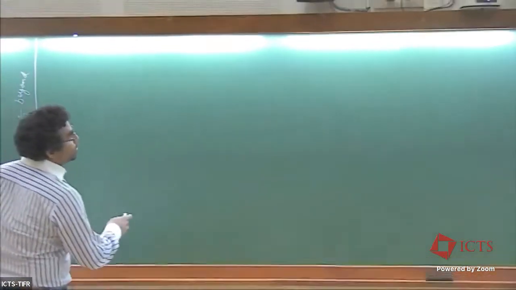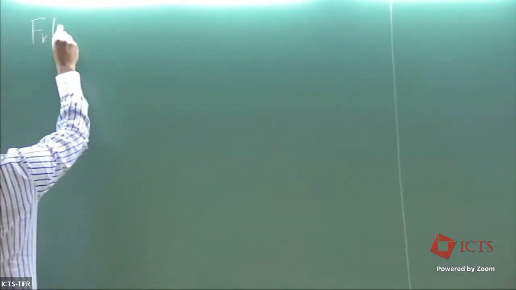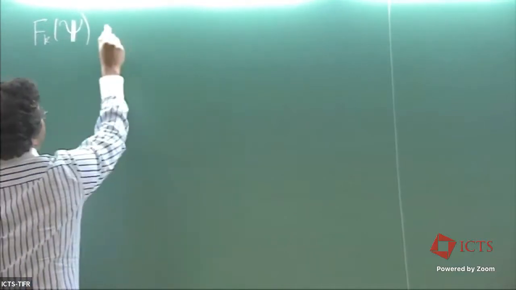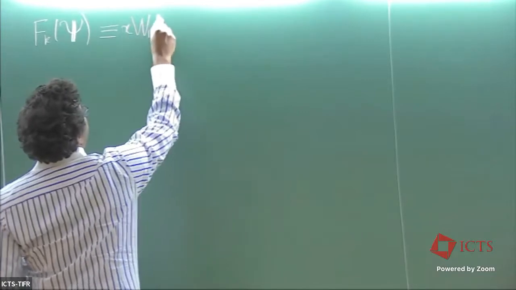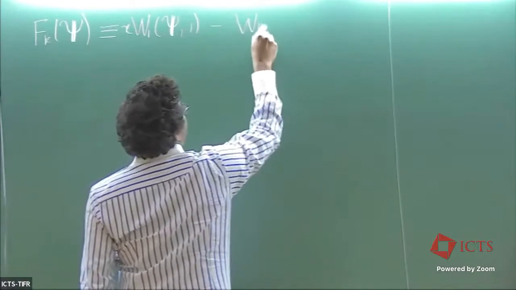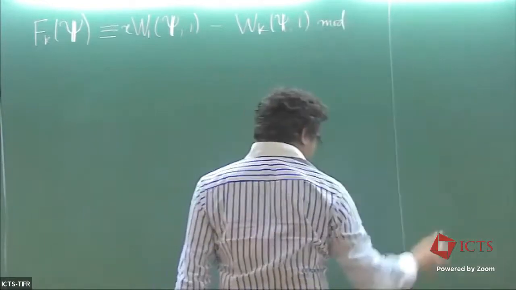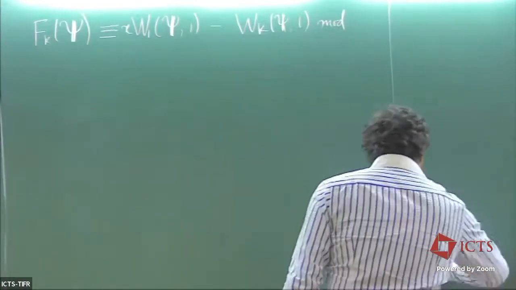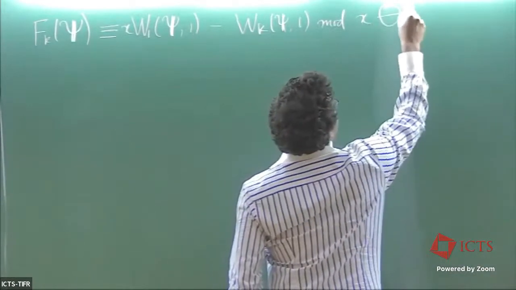Let me remind you of a piece of notation from yesterday, but I also want to make a couple of remarks. So I had this group ring form, this cusp form that we constructed, and this was congruent to x times W1 psi 1 minus WK psi 1 modulo x times theta.